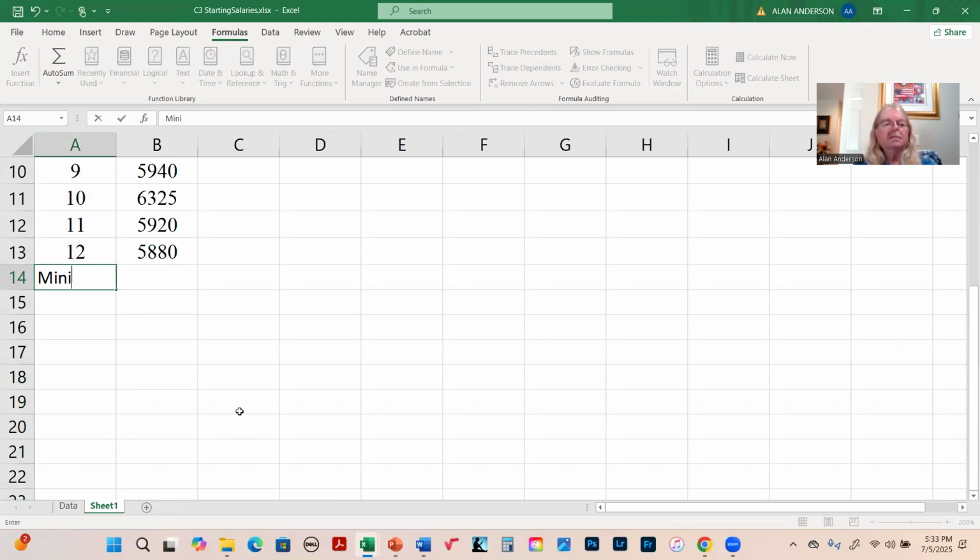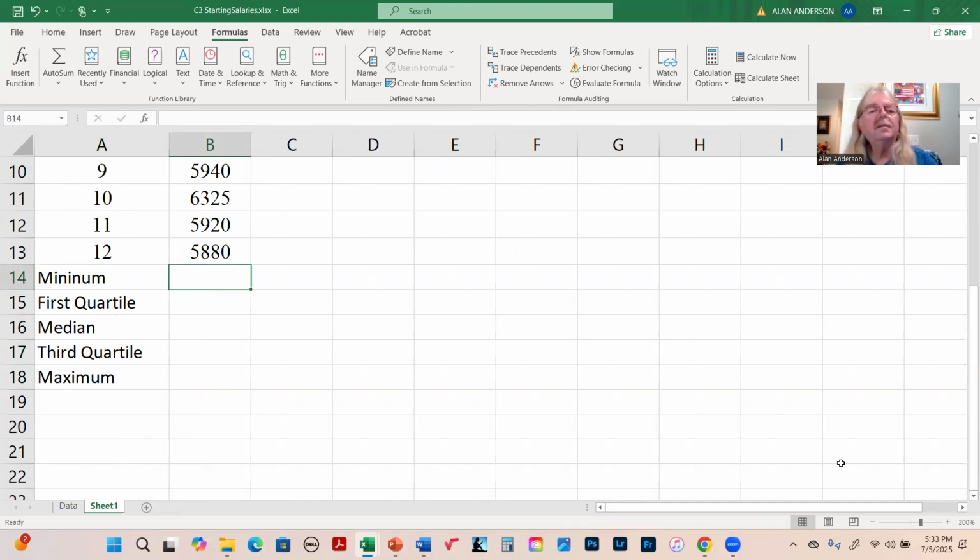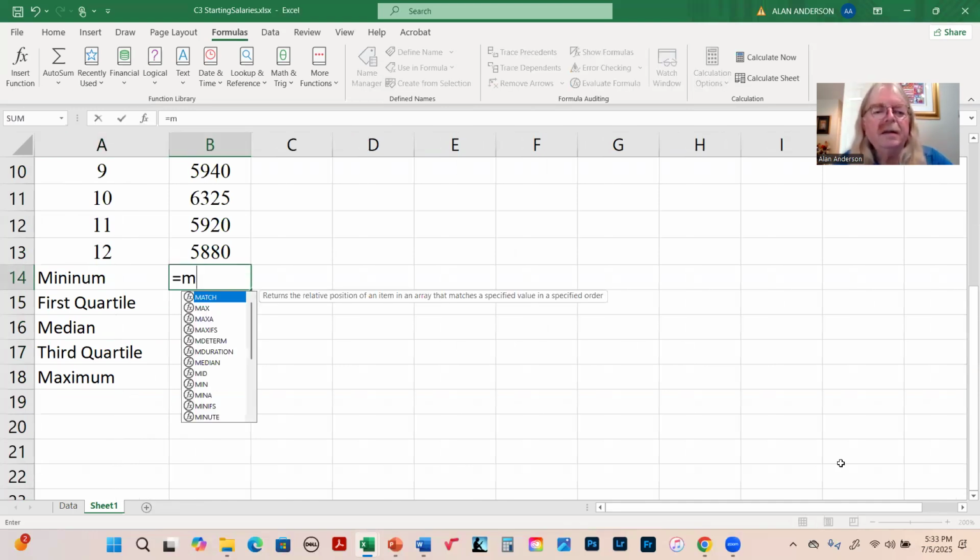Minimum, first quartile, median, third quartile, and maximum. And those are going to give us some insights into the properties of this data set. So the minimum is easy in Excel. It's just MIN.